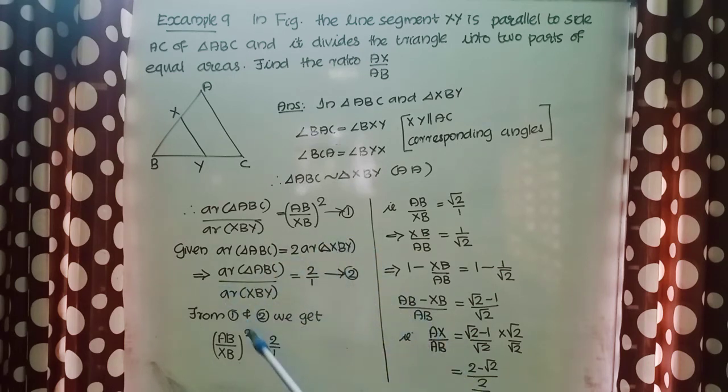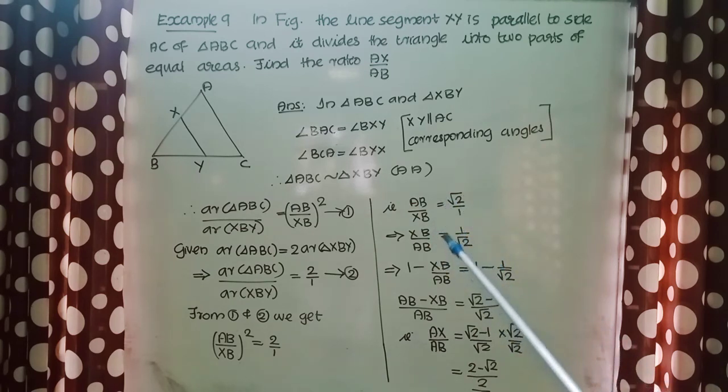Taking XBY to the left side, we get area of triangle ABC by area of triangle XBY equal to 2 by 1. Keep it as equation number 2. So from 1 and 2 we get AB by XB whole square equal to 2 by 1. Taking square root on both sides, we get AB by XB equal to root 2 by 1.